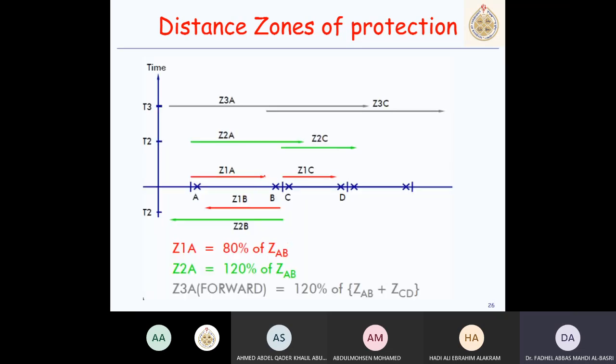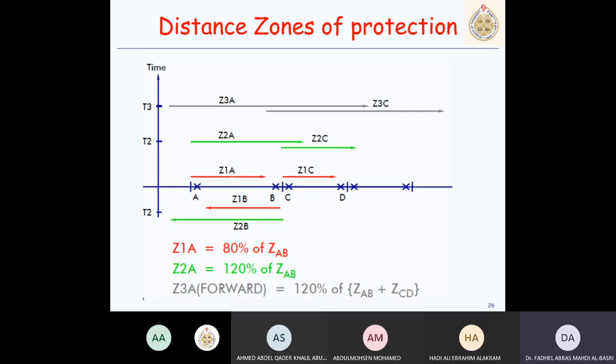Now, if we plot the lines here, line AB, okay, this is one line, BC another line, C whatever. This is a third line. For each of these transmission lines, we need to have a distance relay at each end of the line. So we have relay A at the beginning of the transmission line and relay B at the end of the transmission line.